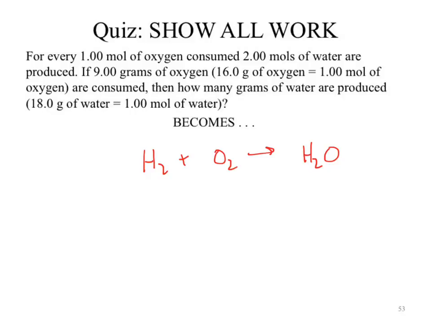Is that equation balanced? No. What do we need to do to balance it? Change the coefficients to what? What is the conversion factor between oxygen and water from our balanced equation? Holy crap, that's exactly what I told you in the question. You have the conversion factor there.